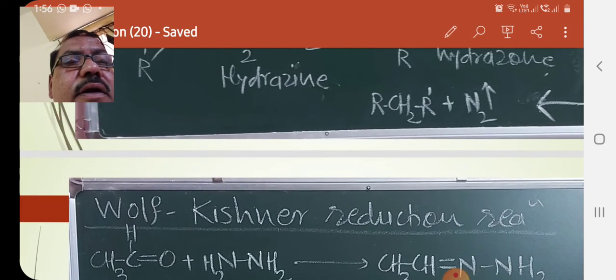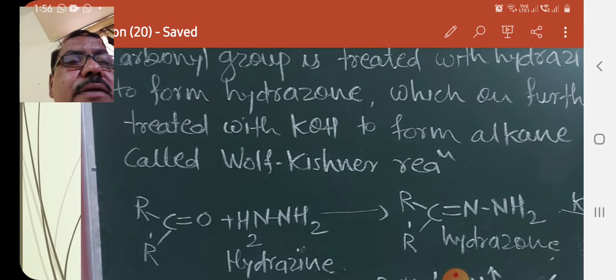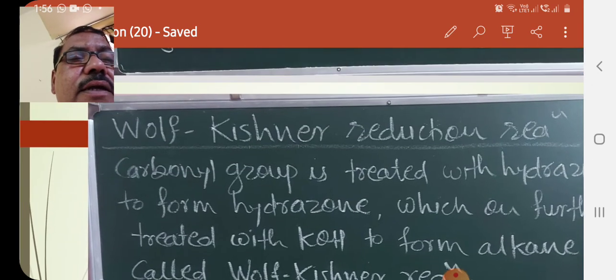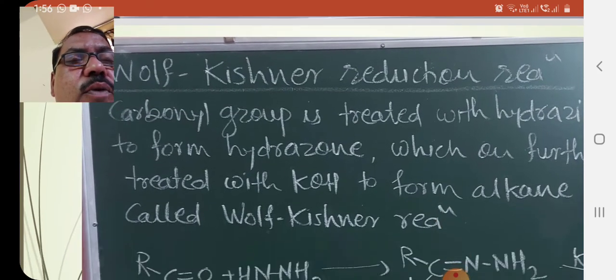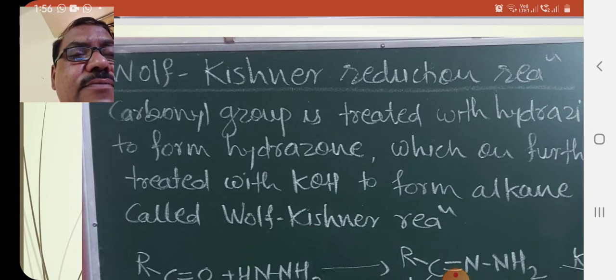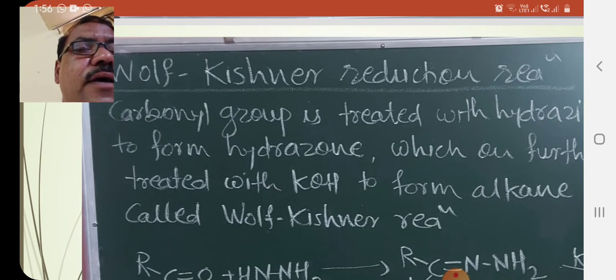The important point to remember is that the Clemmensen reaction and the Wolff-Kishner reduction reaction both form alkanes. That is, the carbonyl group is converted into a methylene group, that is, an alkane is formed.